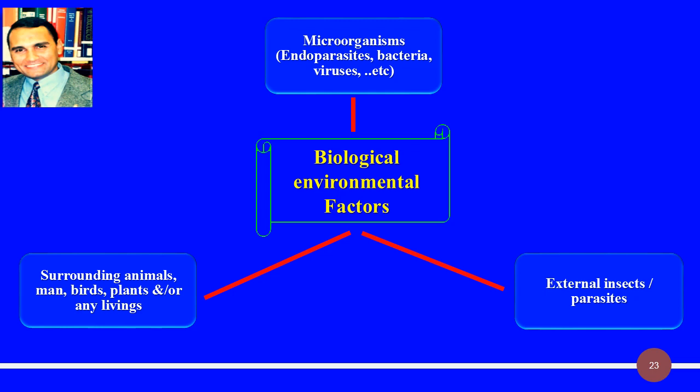Surrounding animals such as man, birds, plants, or any living thing may cause zoonosis with diseases such as rabies, yellow fever, and plague. Plants and ecological organisms may lead to fungal infection and poisoning. So, the biological environmental factor is an important factor for the occurrence of several diseases.